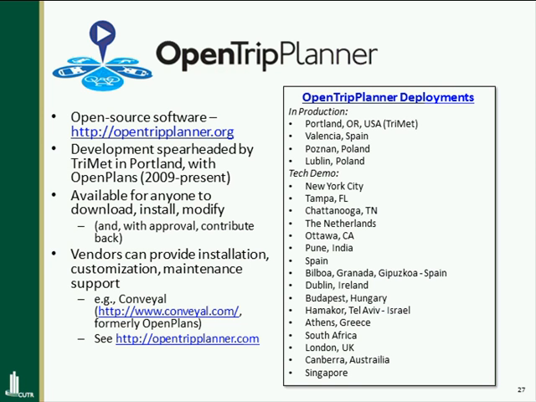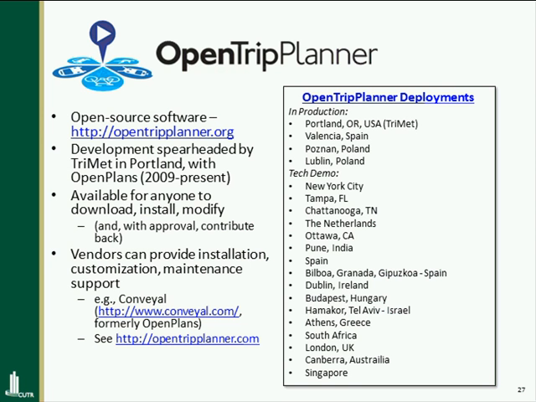And we've seen some examples of this in the Open Trip Planner ecosystem. And vendors, plural here, so any number of vendors can provide installation, customization, and maintenance support. Conveyal is a new organization that was a spin-out of the OpenPlans organization, and is one example of a vendor that can provide customization. But because the software is open source, if that particular vendor doesn't work out, anyone else can step up and provide that role, including in-house if the agency has the technical expertise to manage this type of software.